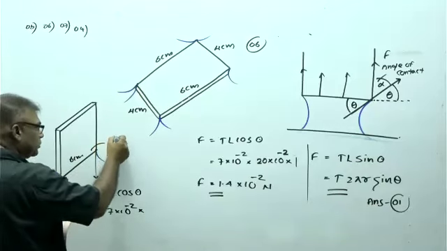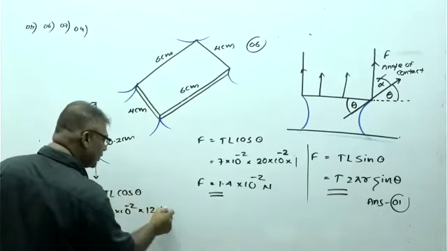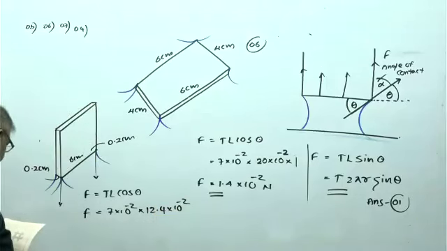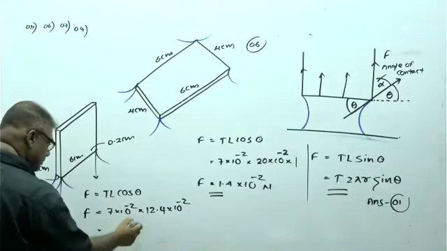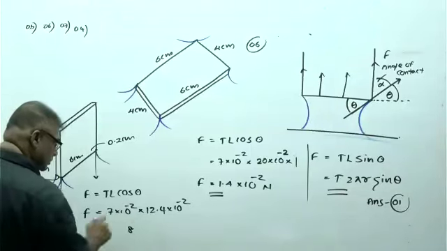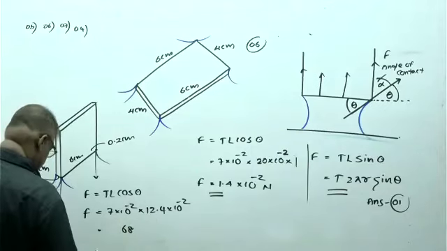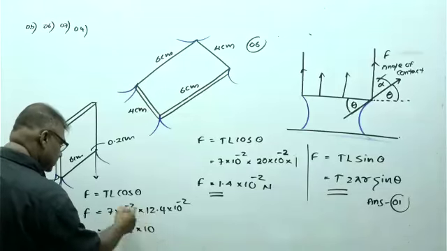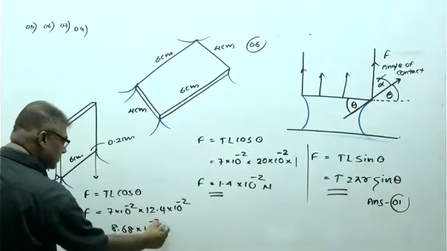At the other side also 0.2 centimeter. කොට 6 12 12.4ක් වෙනවානේ. 12.4 centi, 10 to the power minus 2. 8.68 into 10 to the power minus 2, minus 3 Newton, no?